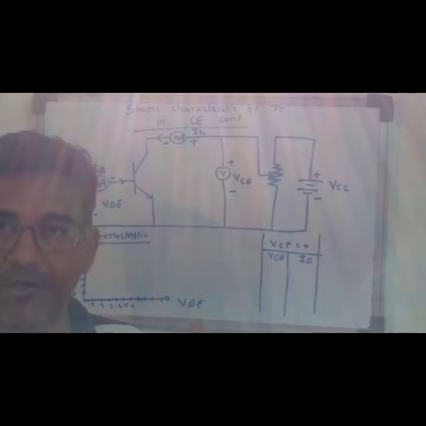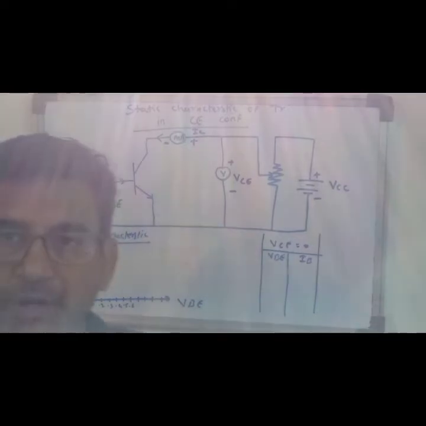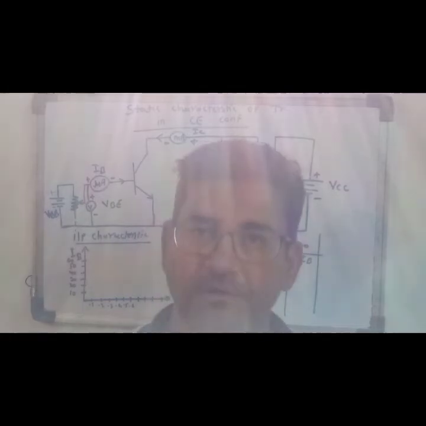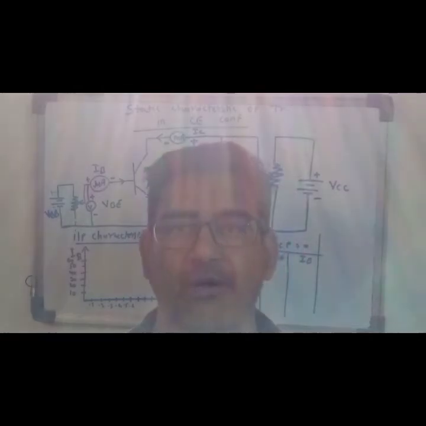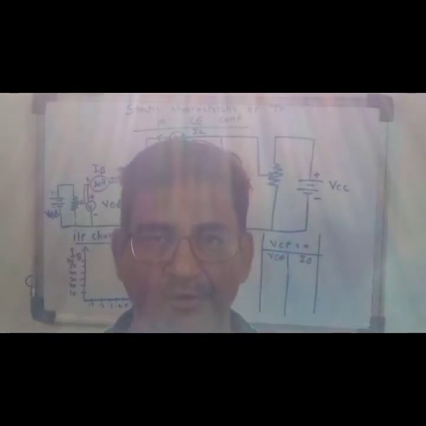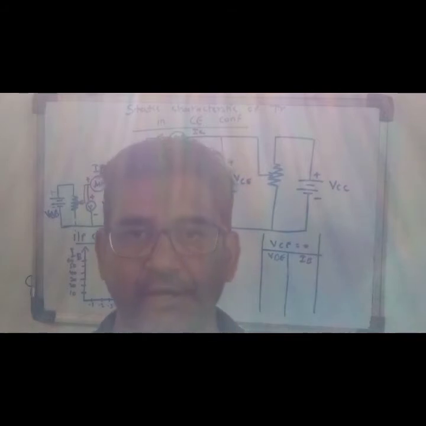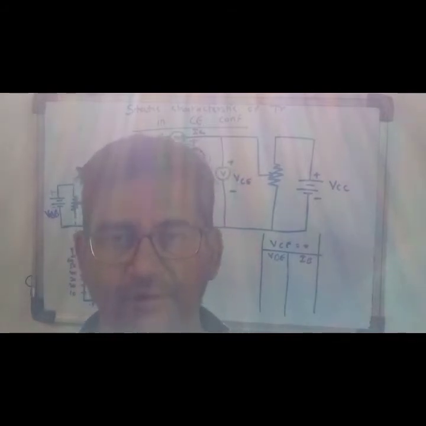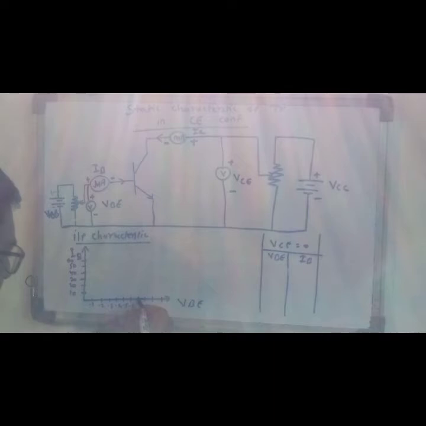As per the silicon or the germanium, you have 0.7 and 0.3. But assume that it is a silicon transistor, so the value will rise from 0.7. Okay, so from that particular 0.7, from here 0.6 and 0.7, the value will rise like this.